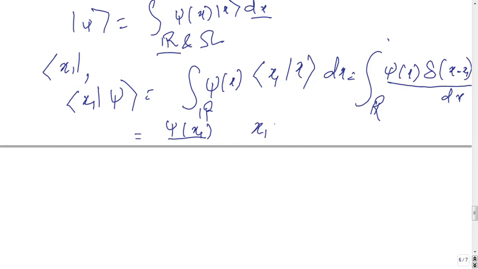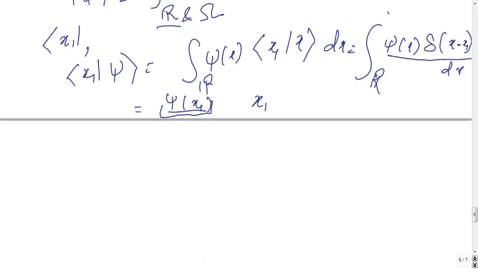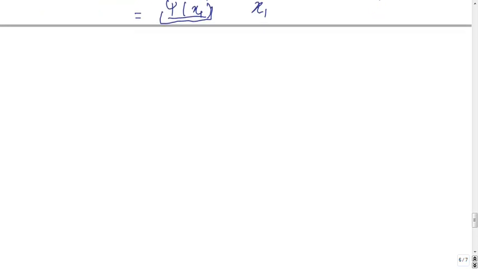So this integration collapses to the single value of ψ at x1. So in the continuous case, this completeness relation becomes like this, gives us this identity operator.